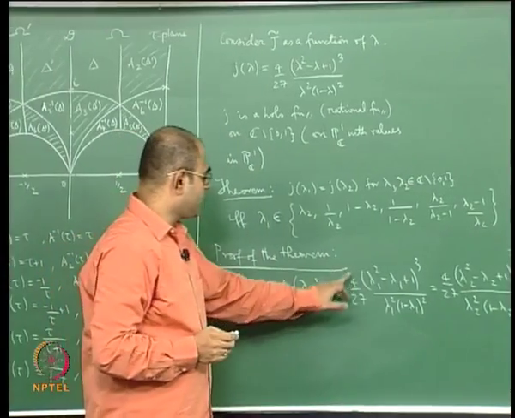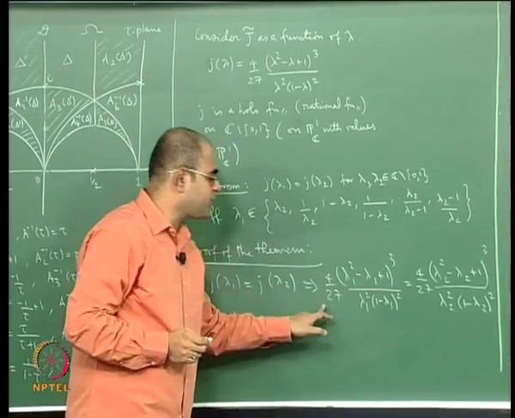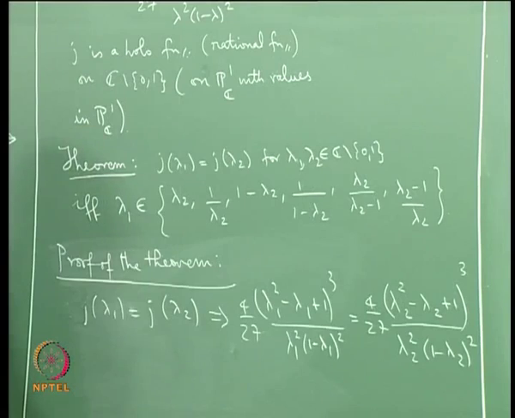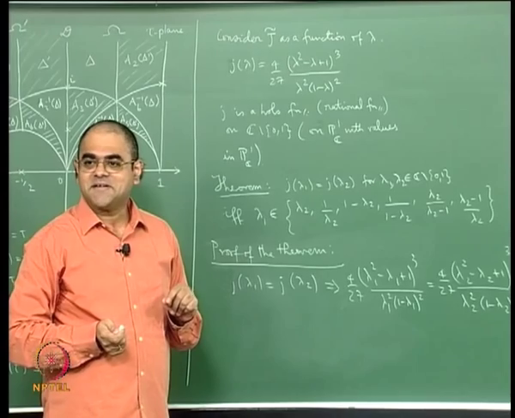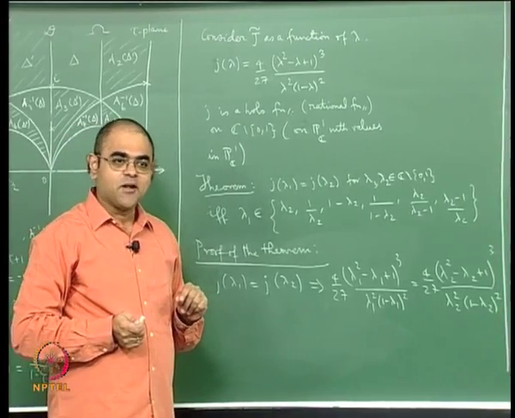Now what you do is you cancel off the 4 by 27 and simply cross multiply to get a formidable looking degree 10 equation in lambda. It's a polynomial of degree 10 in lambda.